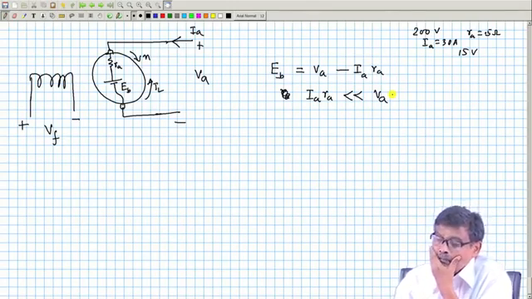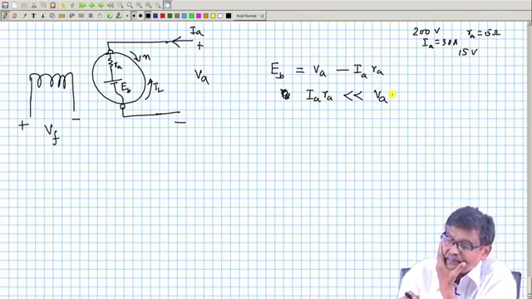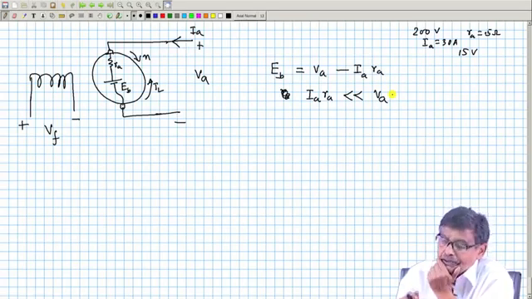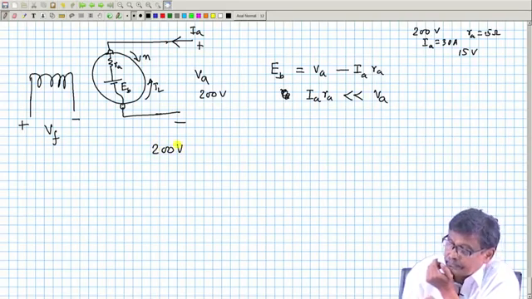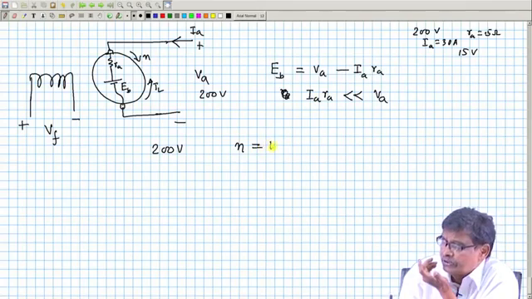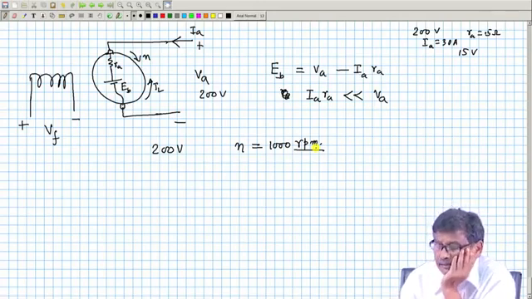For example, if I say this, you listen carefully, suppose you apply 200 volt and you find the machine is running at say 1000 RPM. I have written RPM, clear.